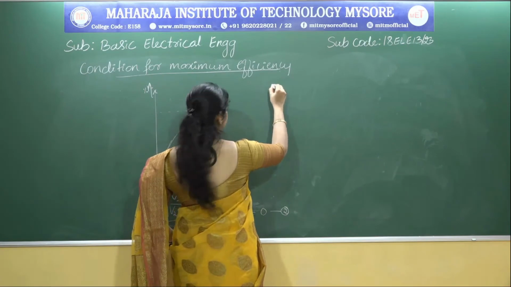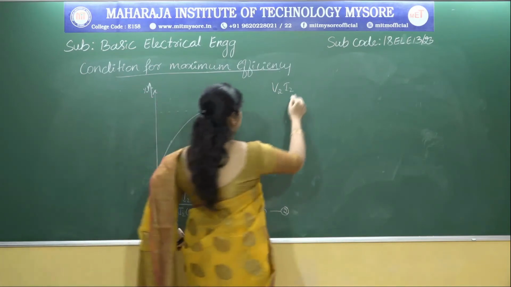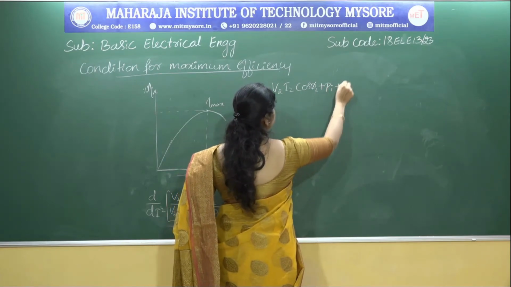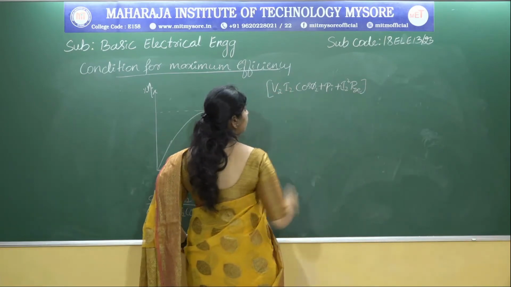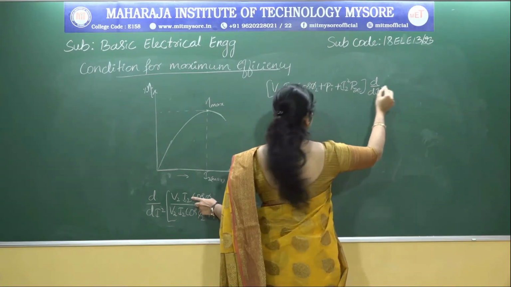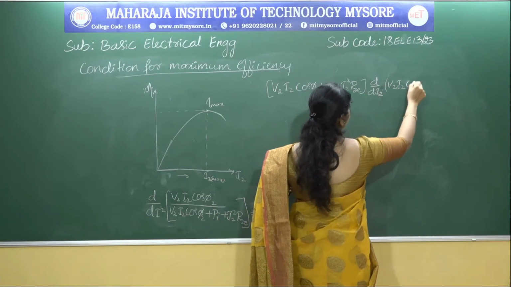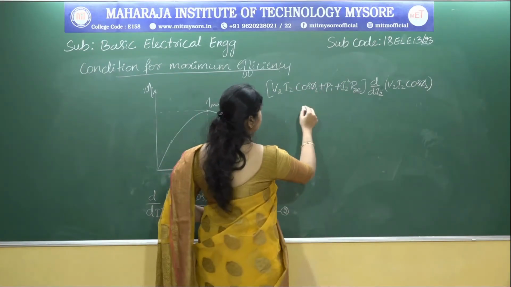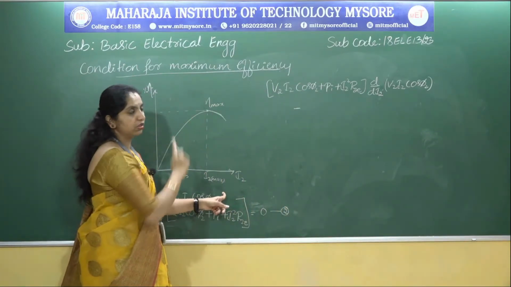I keep the denominator part as it is, V2 I2 cos phi 2 plus Pi plus I2 square into R2E. Then I differentiate V2 I2 cos phi 2. I hope the next step is clear.